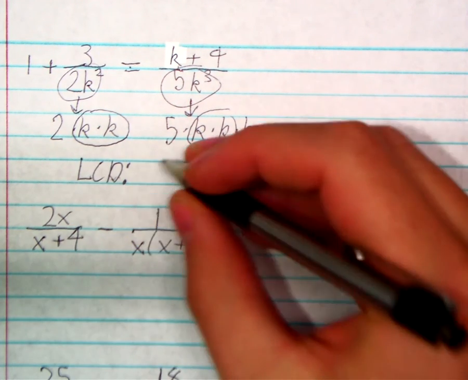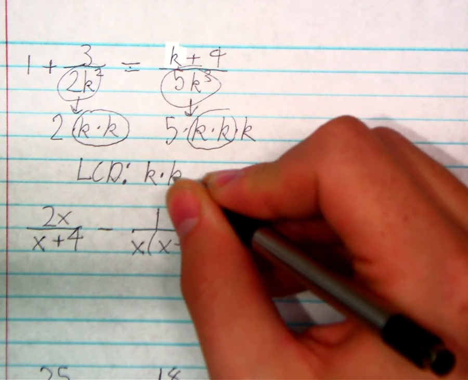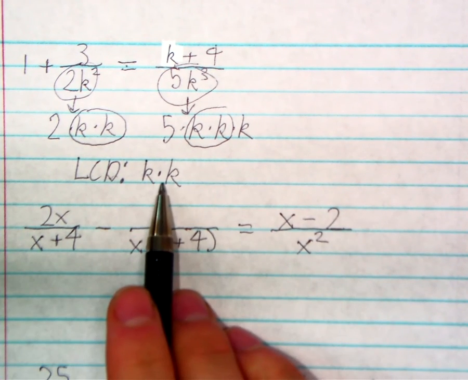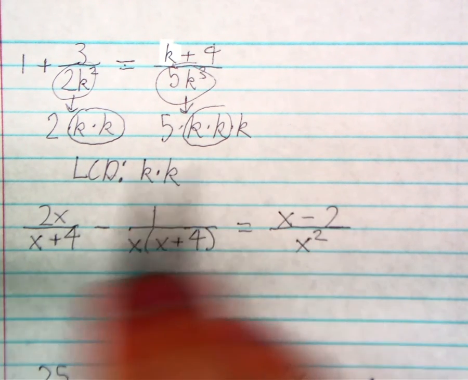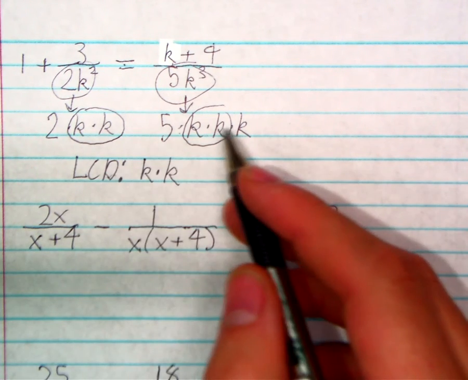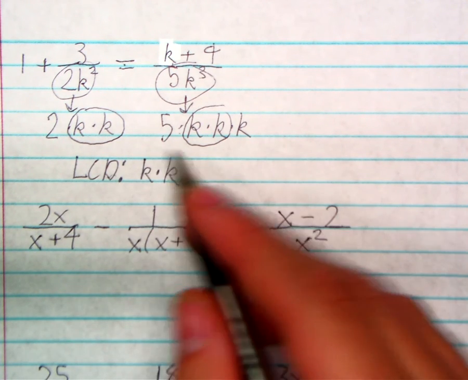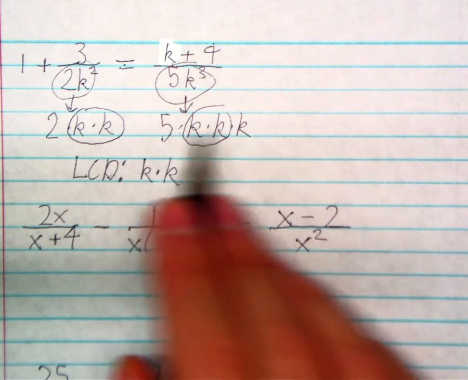So I know that my denominator needs a k times a k. The other thing my denominator needs is one of each of the things that don't match. So I take the things that match between all the denominators, and I put that down once. I also have to put down everything that doesn't match once.